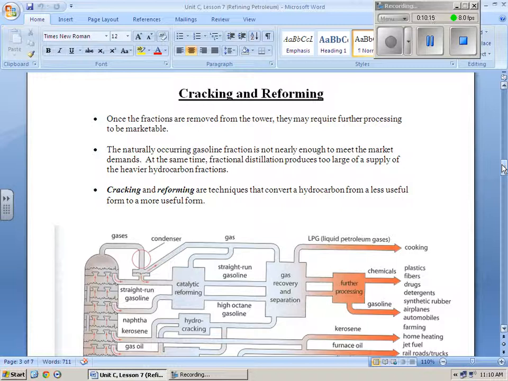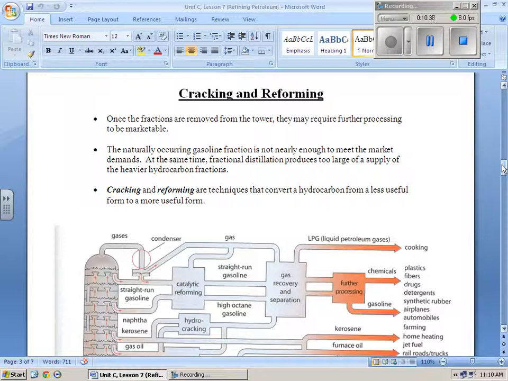Some of the stuff that we get out of here is not really that useful to us. So we need to further refine it to get something that we use more of, like gasoline, for example. It just doesn't come out as gasoline. We have to refine it further to get useful gasoline for our car engines and things like that.